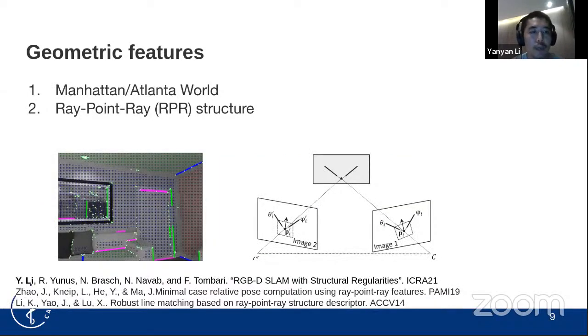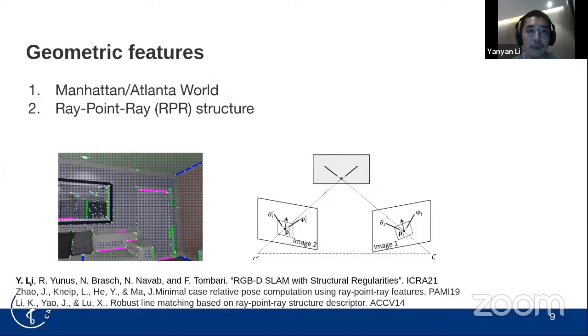Furthermore, if you have detected perpendicular planes or lines, you also can make it a Manhattan world. The assumption of Manhattan world also is a very interesting idea, and we will introduce it in details later.